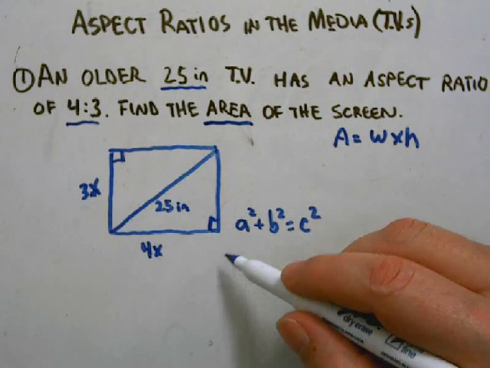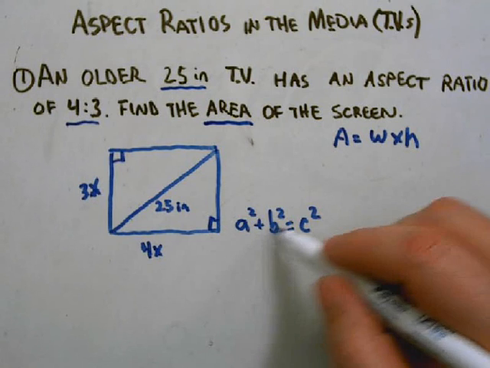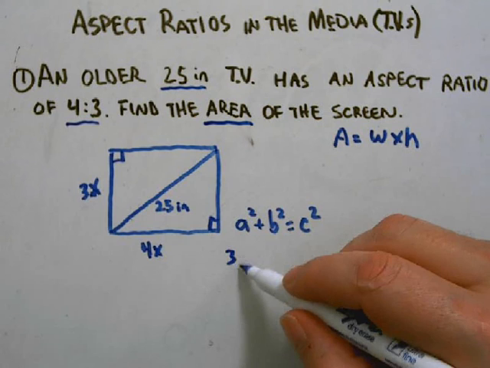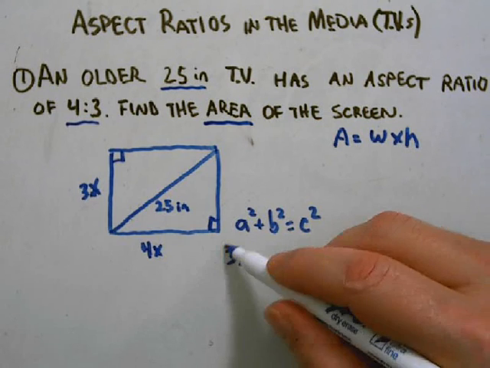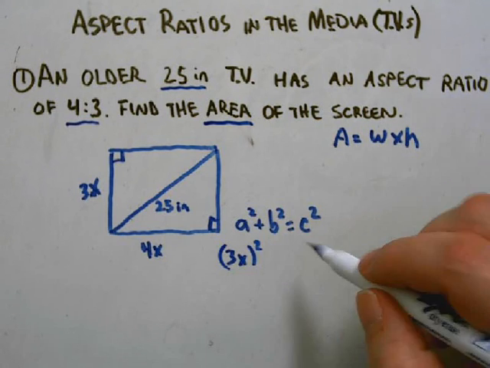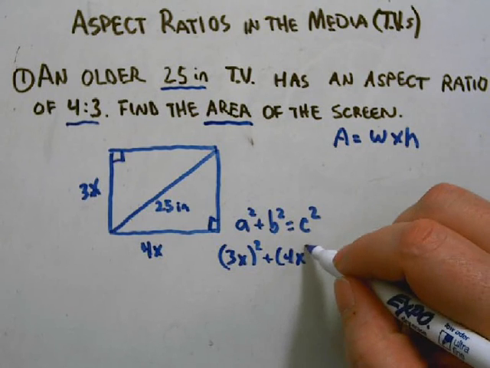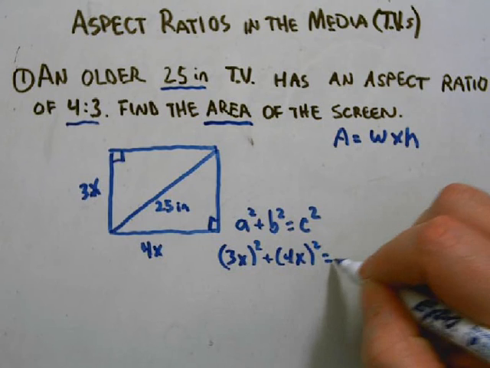So you have to put the 3x and the 4x in for a and b, and it doesn't matter which one. The one thing you want to make sure you do is square the 3 and square the 4, and square the 25.